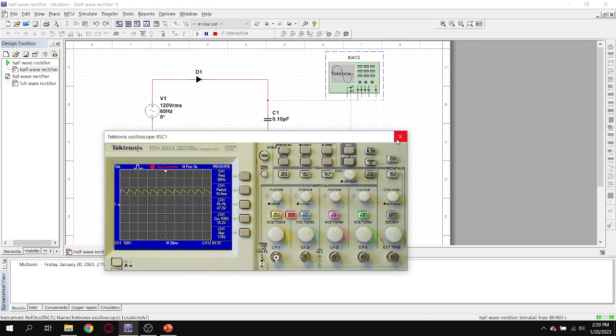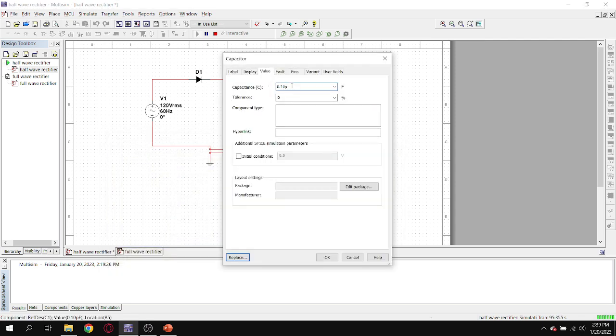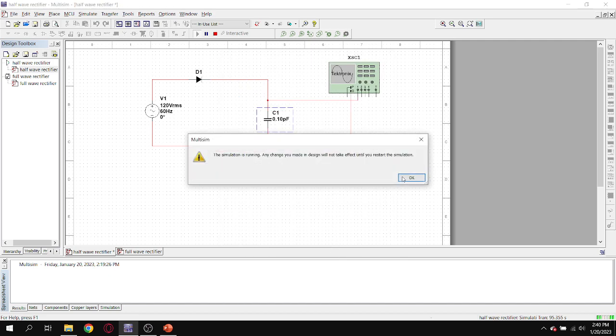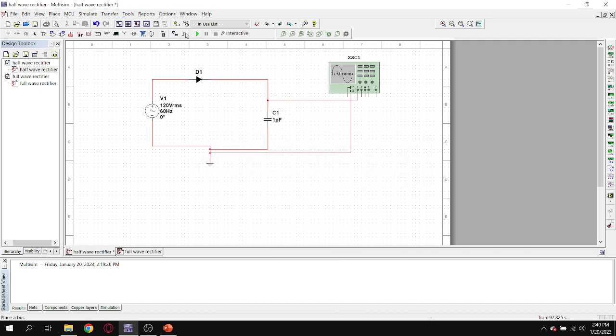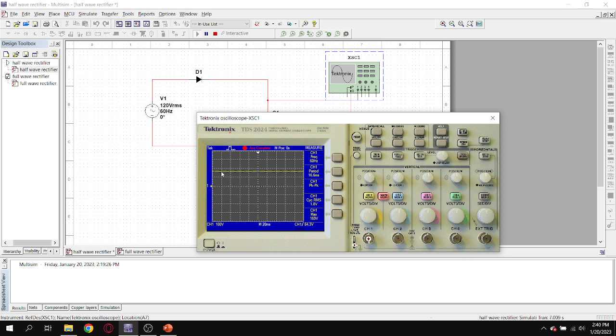We're going to see what happens if we increase the value of this capacitor a bit. Let's just say 1. As you can see, there is a peak here, and then the capacitor's voltage value drops so slowly, and then it peaks again.